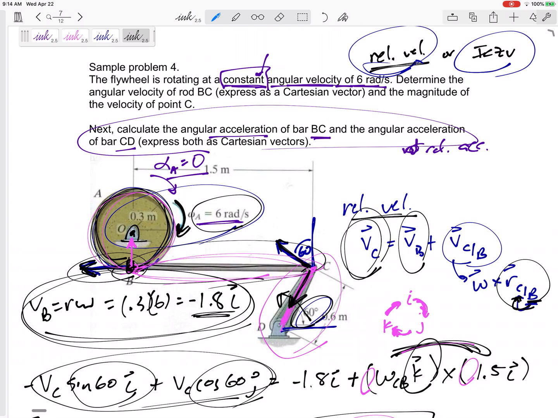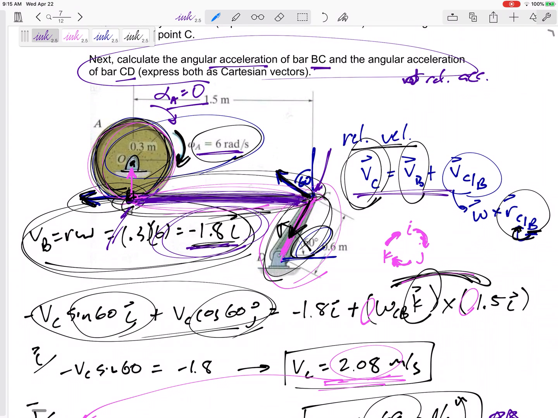I knew this was problem 4, but also when I see something in pure rotation, and then a bar that is not in pure rotation, I think there's no easy way to jump from the velocity of B to the velocity of C. So I need either the relative velocity method or the instantaneous center method to jump from the velocity of B, which I know pretty easily, 1.8, to the velocity of C and the angular velocity of that bar.